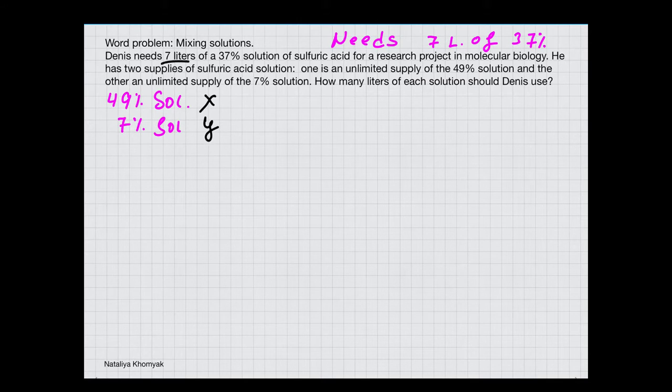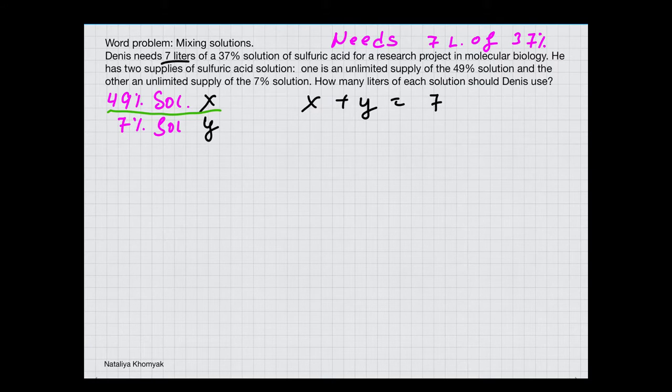And right away we know that the sum of both solutions, x plus y, we want it to be equal to 7 liters. Now is the trickier part: the amount of solutions with respect to percentages. So the next equation I'm going to set up will be the mixing solution with the sum of the results.